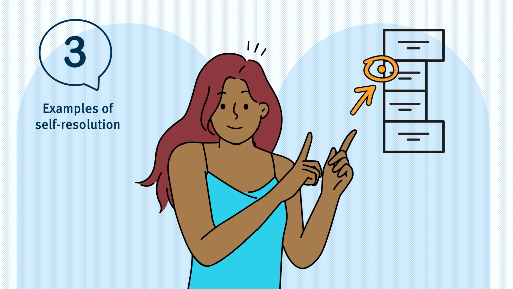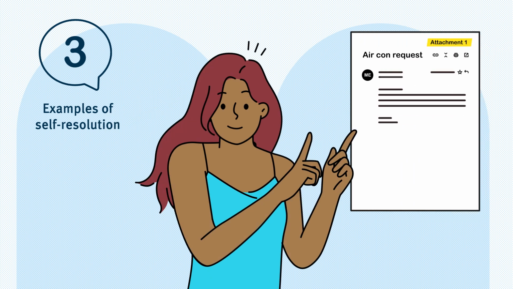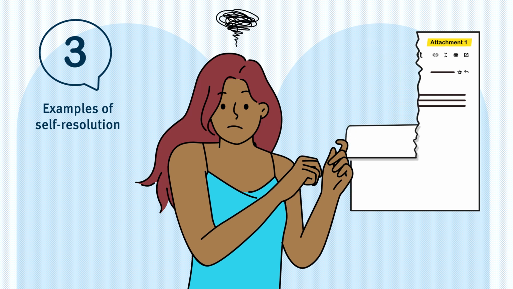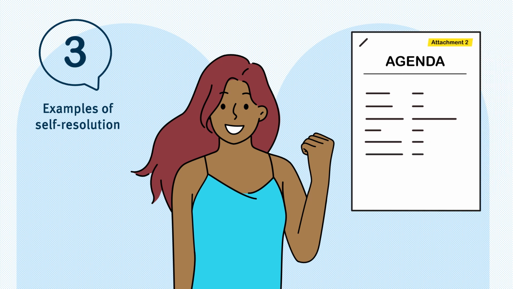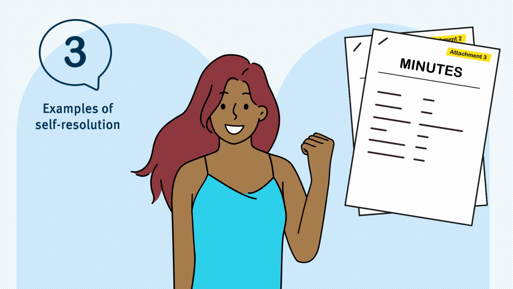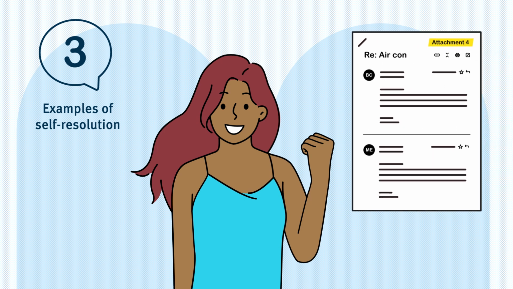Since the compressor would be on common property, she requests approval from the Body Corporate Committee. But her motion is rejected. So, Alice provides us with a copy of her request to the committee, the meeting agenda and the minutes, as well as copies of her correspondence with the Body Corporate attempting to resolve the matter.